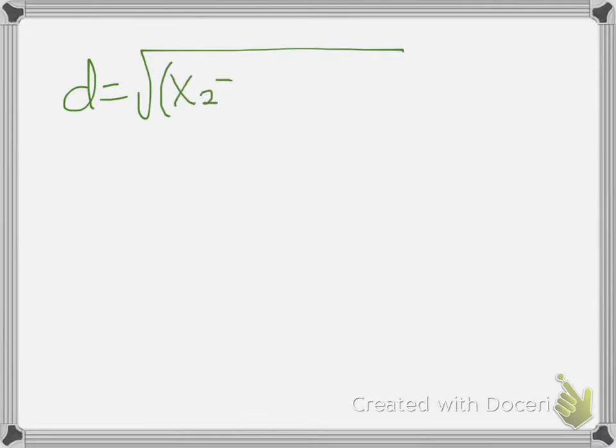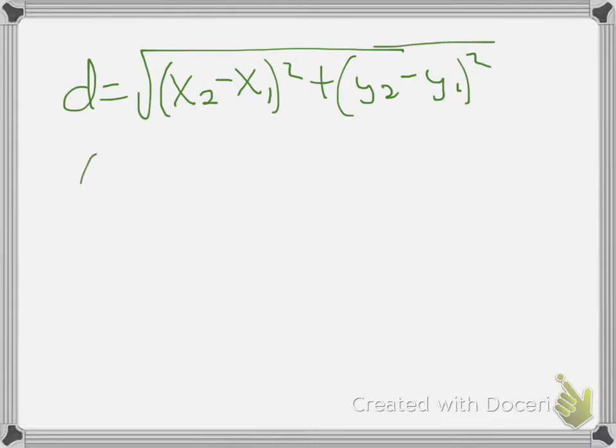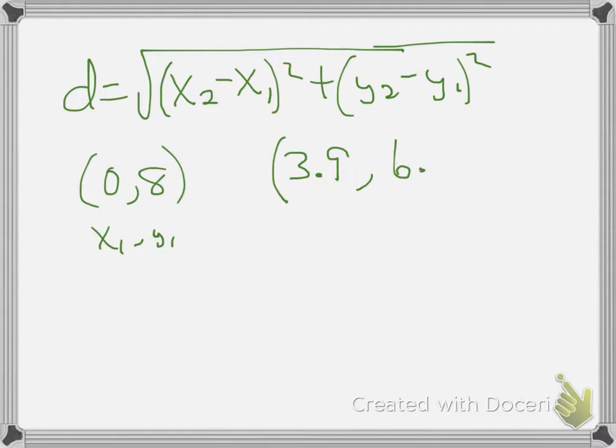The distance formula says that the distance between 2 points is the square root of x sub 2 minus x sub 1 squared plus y sub 2 minus y sub 1 squared. The 2 points we wanted to find the distance between were 0, 8, that can be our x1, y1, and the point we just found, which was 3.9, comma, 6.7.